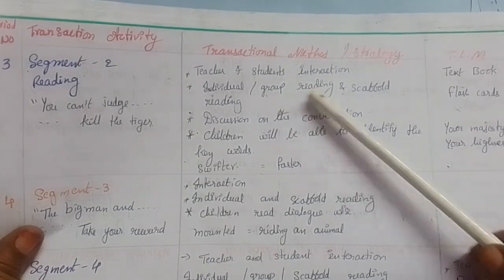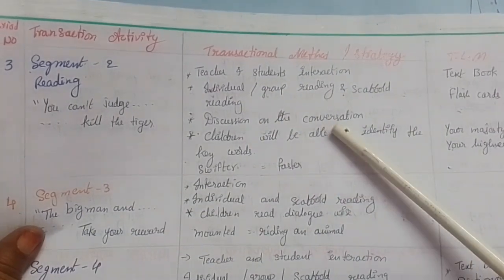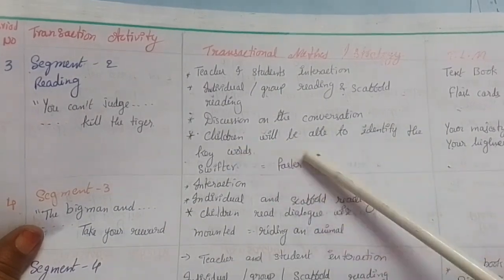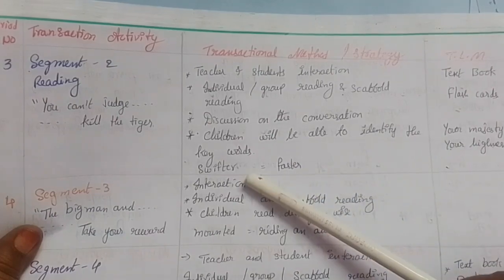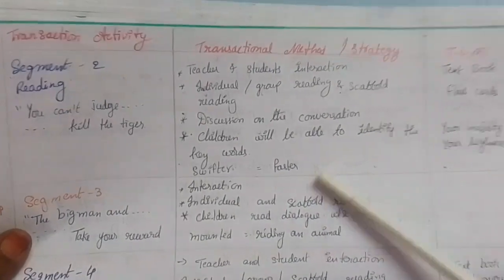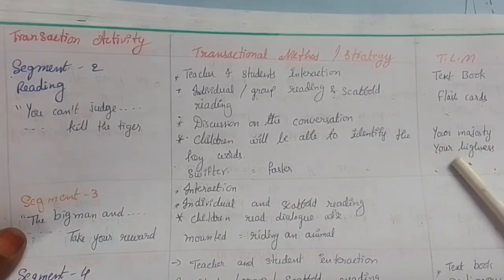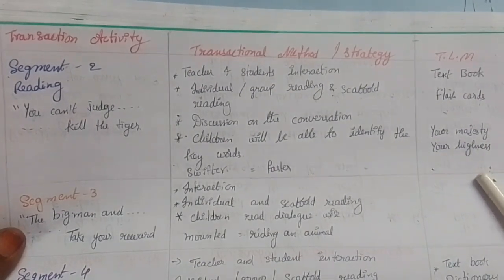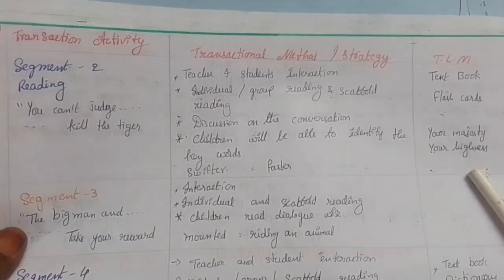There will be individual and group reading and scaffold reading. Discussion on the conversation. Children will be able to identify the key words, that means they will learn the new words, that is swifter, faster. We use the TLM textbook and flashcards. In the flashcards, we will give the expressions like Your Majesty, Your Highness and some more phrases.